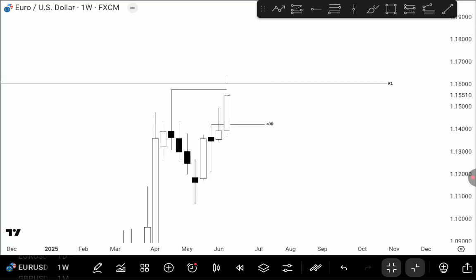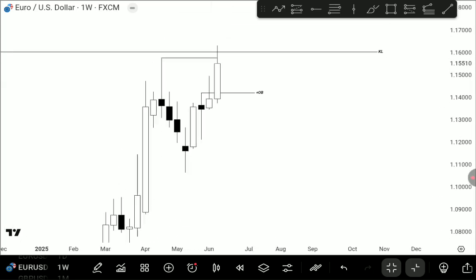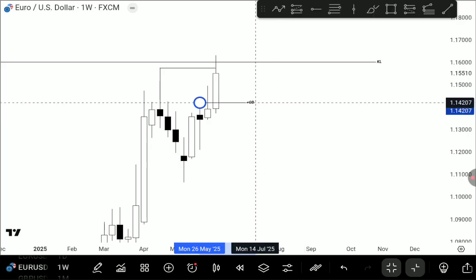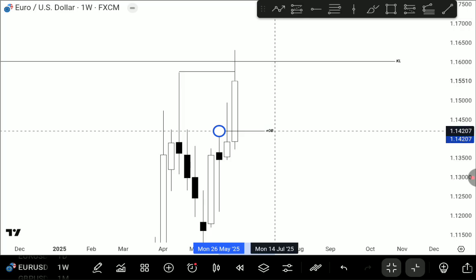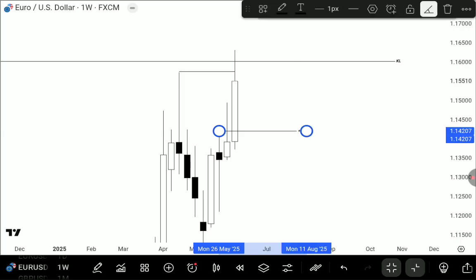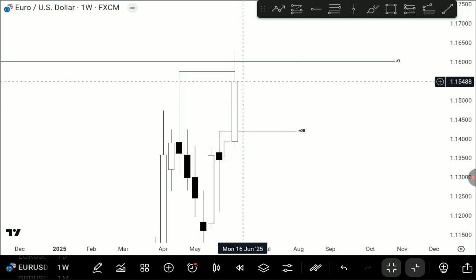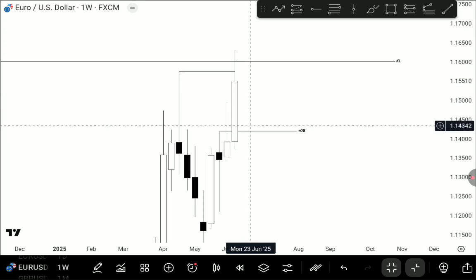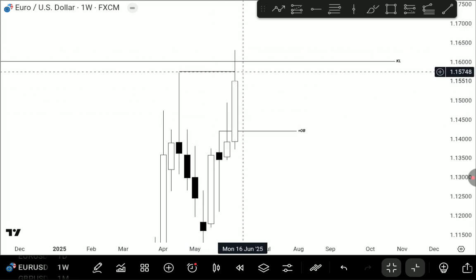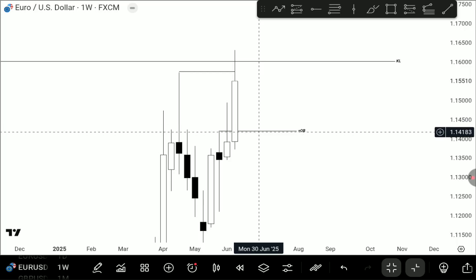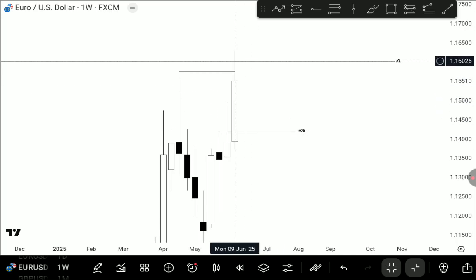And another thing that will make this order block a much stronger force of attraction is, again, the important question: how is price going to reach this very order block? We have this higher time frame key level.